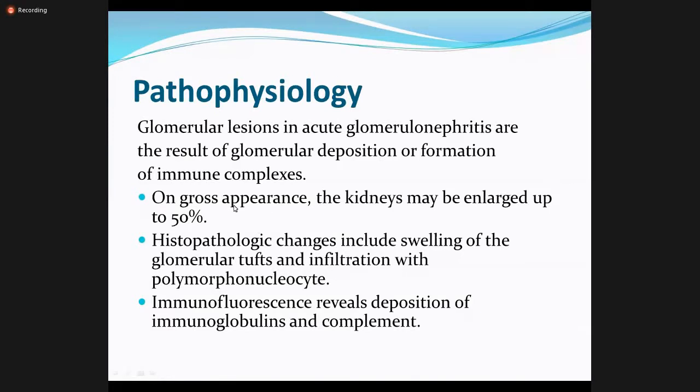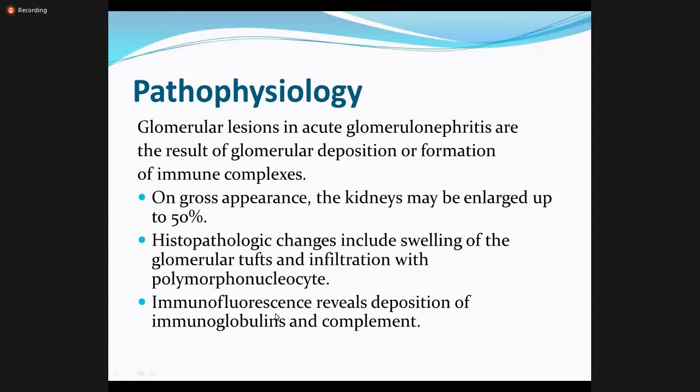On gross appearance, when you look at the kidneys on ultrasound, they appear enlarged in 50% of the cases. Histopathological changes include swelling of the glomerular tufts and infiltration. On electron microscopy and immunofluorescence, we can see deposition of immunoglobulin and complement over the glomeruli. In streptococcal infection, there is involvement of derivatives of streptococcal protein.